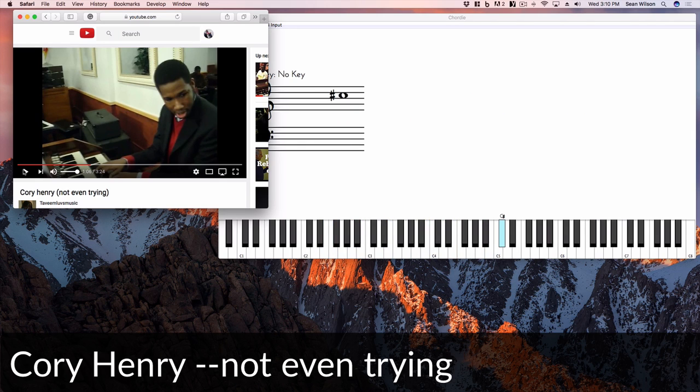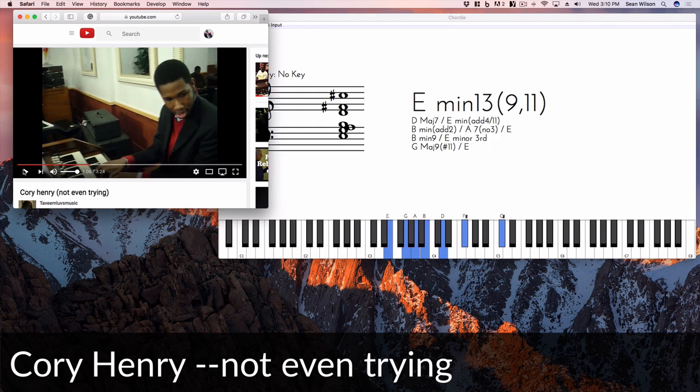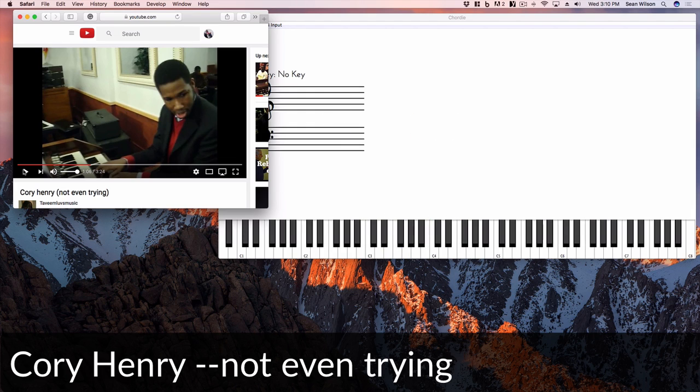So I'm hearing what the essence of what I'm going for is an E major 9 to, with a C sharp on the top, to a major 7. So I'm going.